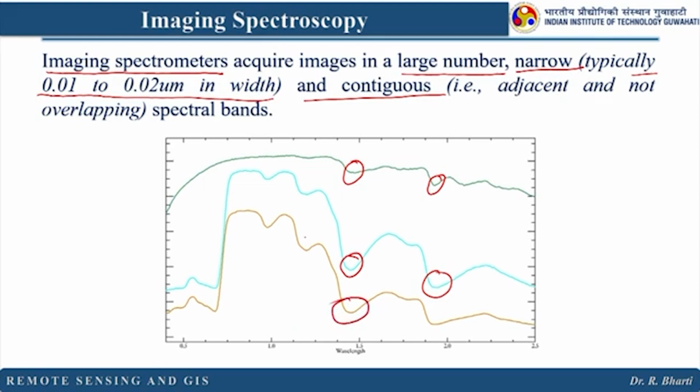If you have a little bit of gap between the measurements, then you might miss a particular absorption feature. But since our imaging spectrometers are designed to capture a large number of narrow and contiguous bands, we are able to identify all these absorption features, right.